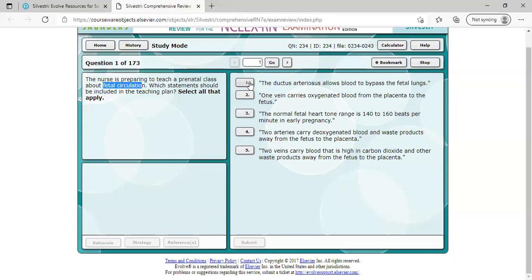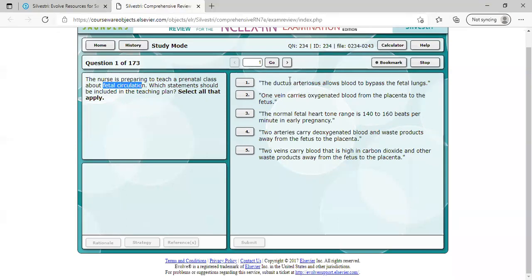So number 1, the ductus arteriosus allows blood to bypass the fetal lungs. You should keep it in mind: the adult circulation and fetal circulation are not the same. Like this said, ductus arteriosus, right? It is very unique for the fetus, and it plays an important role in fetal circulation.